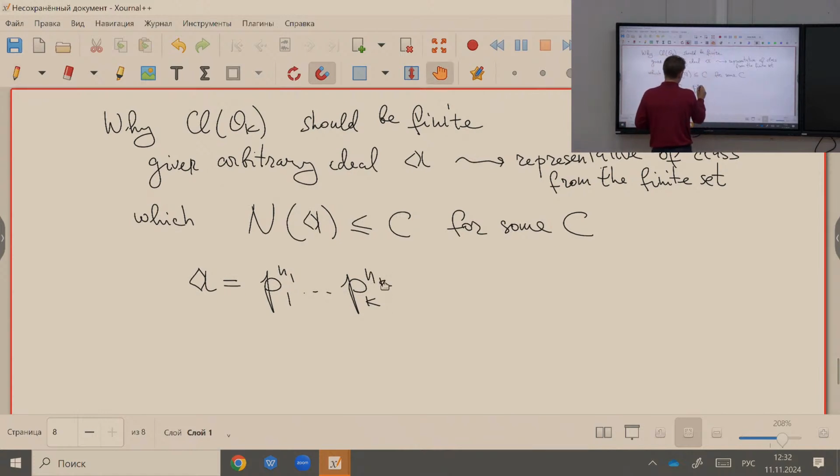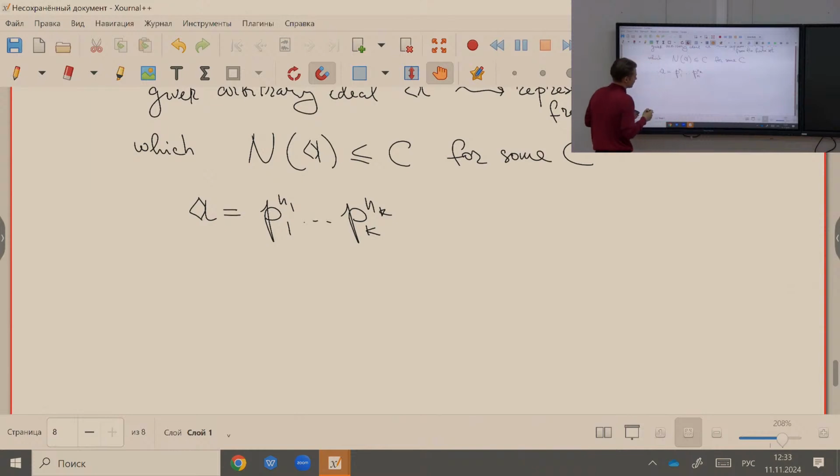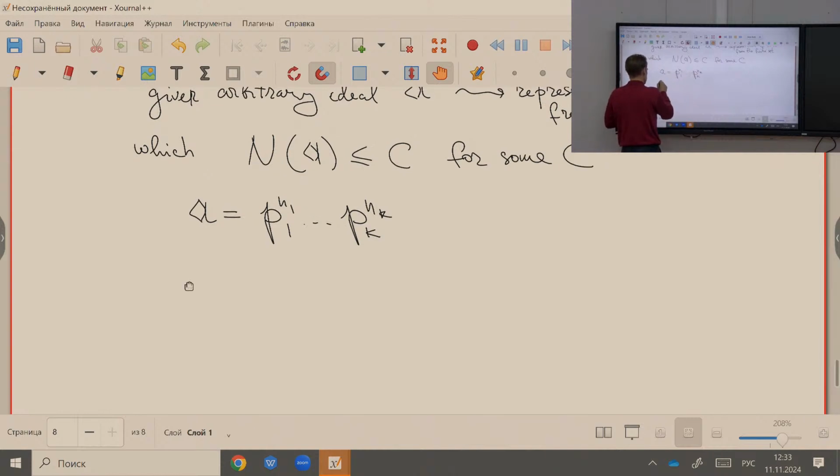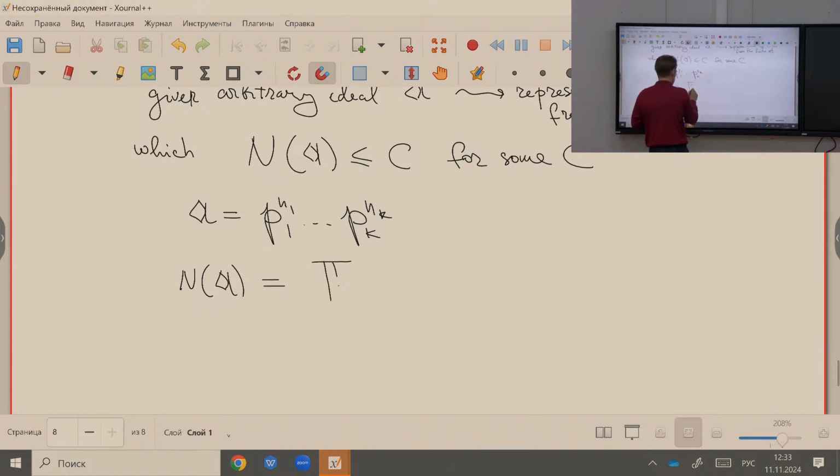Now I claim that this bound will give you the bound of the integers that appear here and the bound for the primes p_i. Notice that the norm of A is just the product of the norms of p_i to the powers n_i.